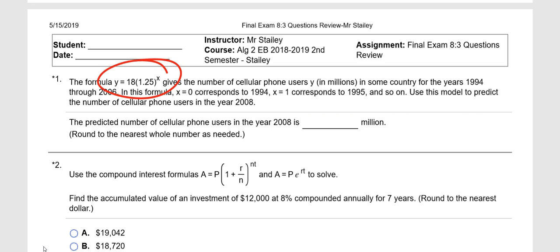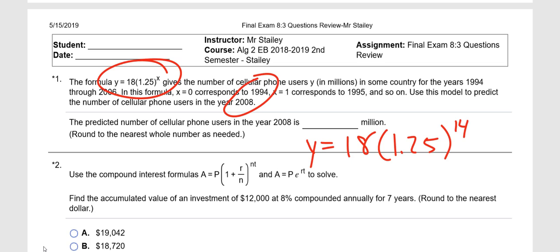Okay, so it started in 1994. We're going to 2008. How many years? More than 12. 14, right? So I would really need to see you typing in or writing down that you're plugging in 14.